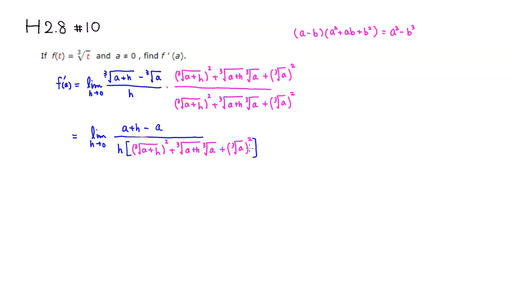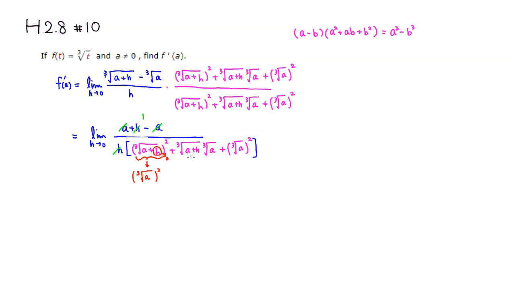But here's the good thing: we can cancel a minus a here. Then you have h over h, a common factor on top and bottom, so you actually have 1 on top. Then as h goes to 0, this guy right here is going to 0, so this is going to be the cube root of a squared.